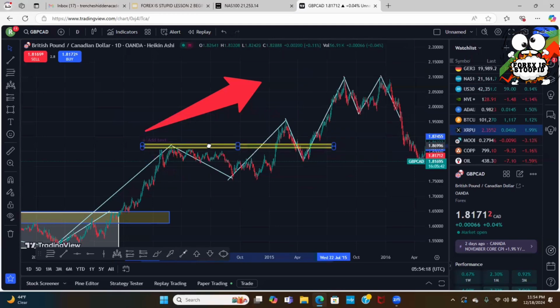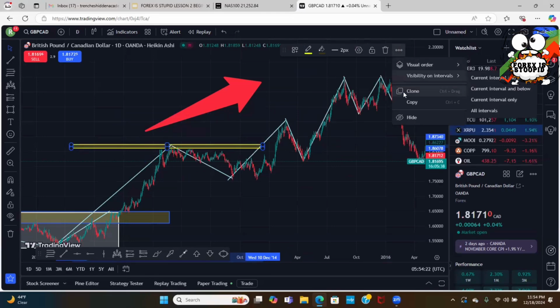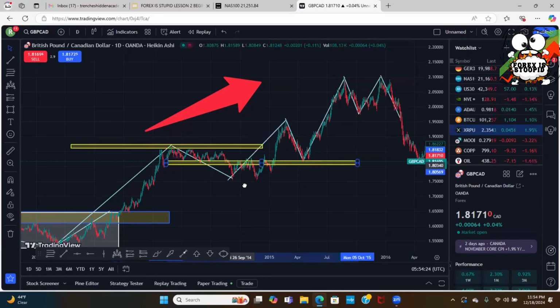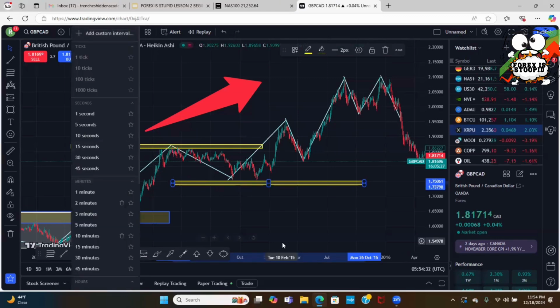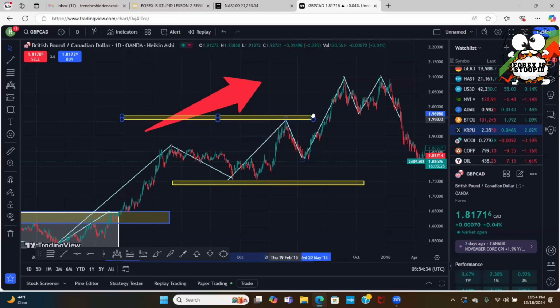High, high, lower low. Okay. Followed by the next high, followed by the lower low.